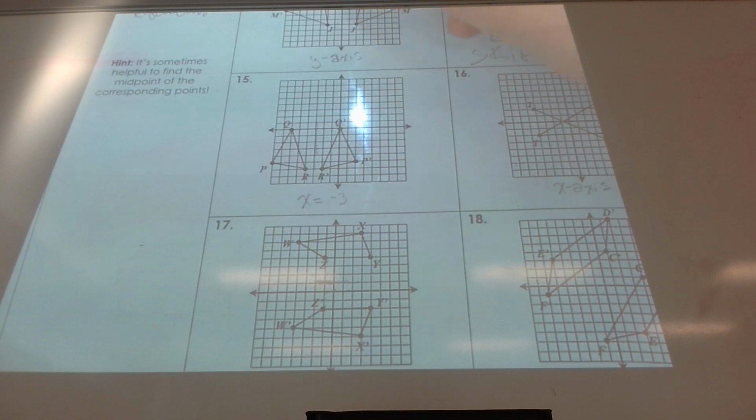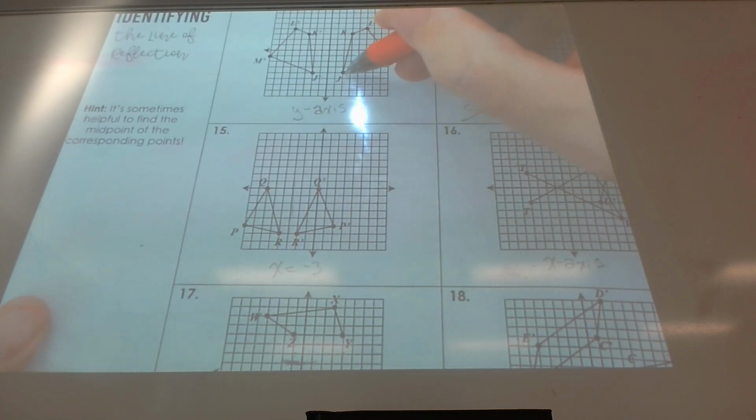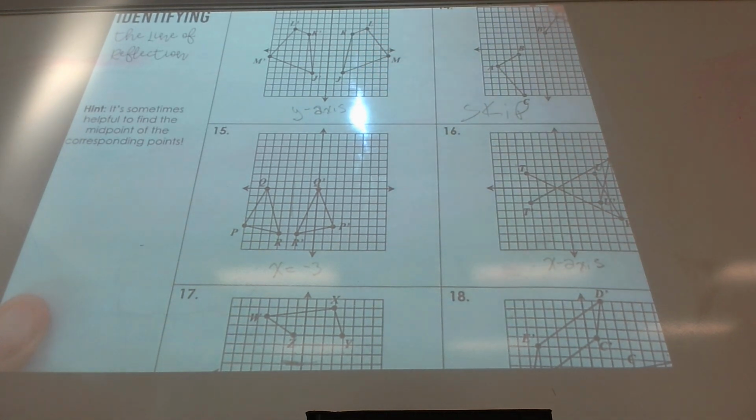First thing I look at is, are we reflecting horizontally or vertically? In this case, we're reflecting horizontally, so I look at the y-axis. Are these 2 points the same distance from the y-axis? 1, 2, 1, 2. They're the same distance from the y-axis, so it's reflected over the y-axis.